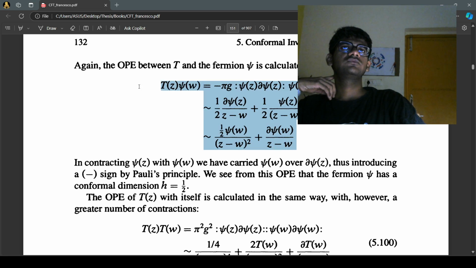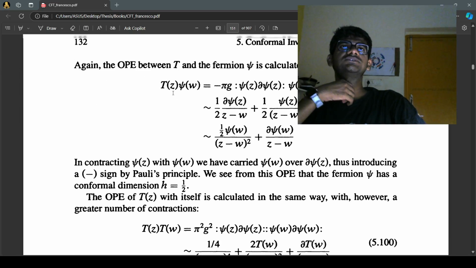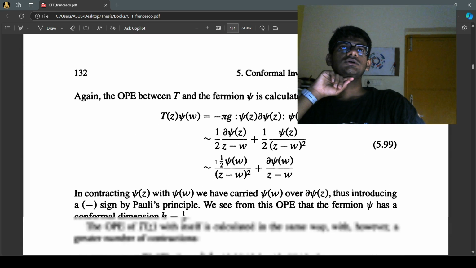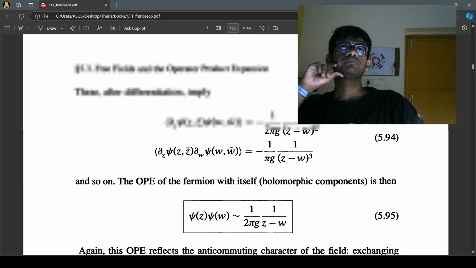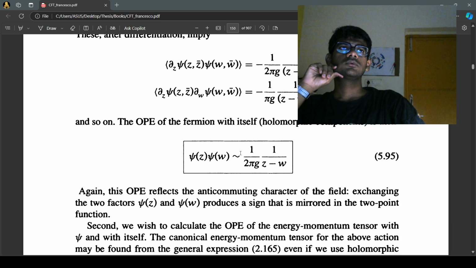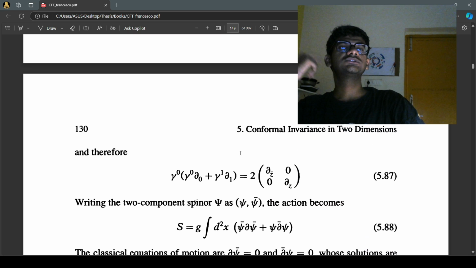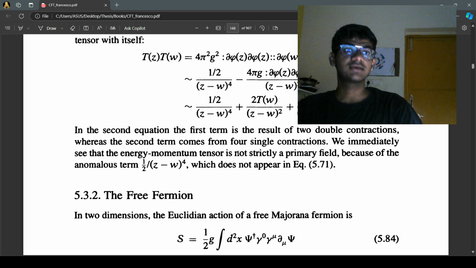You sort of get the conformal dimension for the psi field, which is half, and then when you write the T z and psi OPE, I will go through this in my notes. This time, interestingly, I will start taking them.